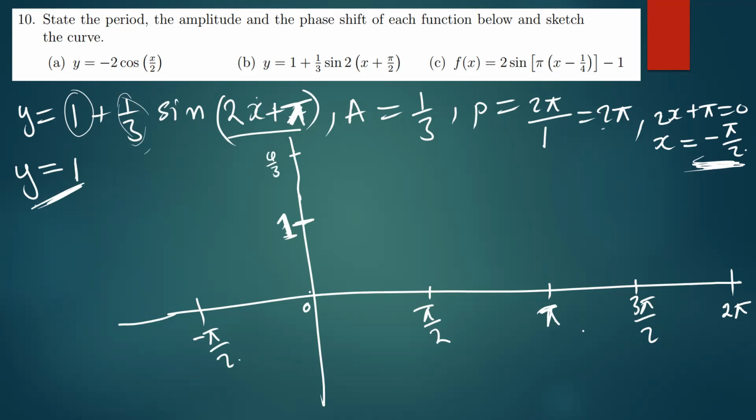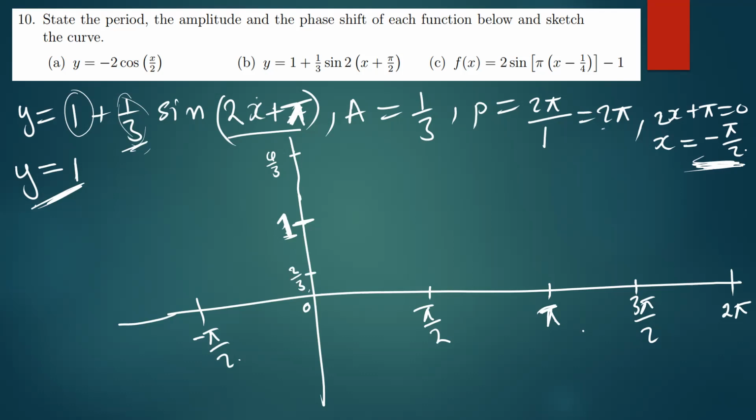And then the other point that we're going to have is the lowest point, which is going to be 1 minus 1 over 3. 1 minus 1 over 3 will give us 2 over 3. So I'll write it somewhere there.